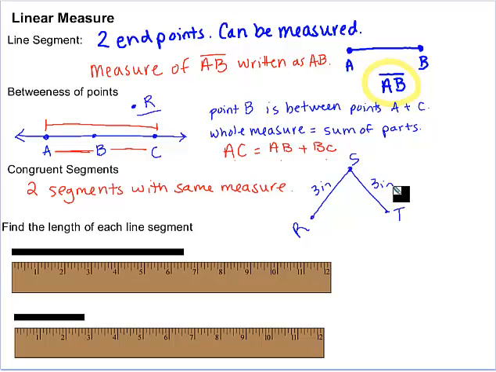However, we won't always have measurements, so instead, a similar diagram, I'll label it X, Y, Z. We can also know that the two lengths are congruent if we have these tick marks. If they both have one tick mark, that means that they are congruent. Or if they both have 2 tick marks, that means that they are congruent.